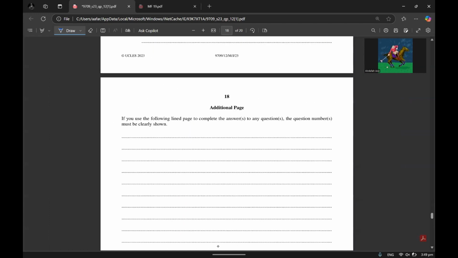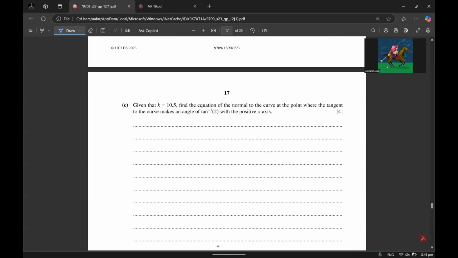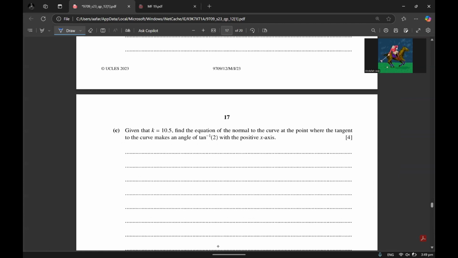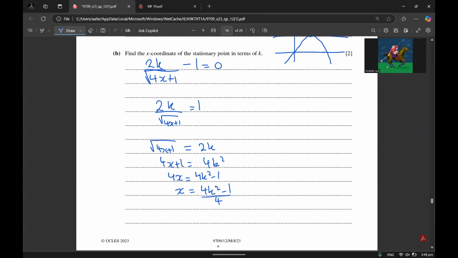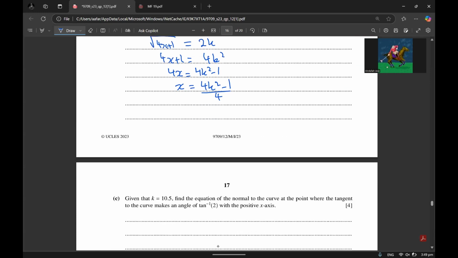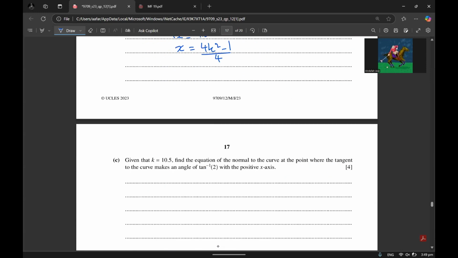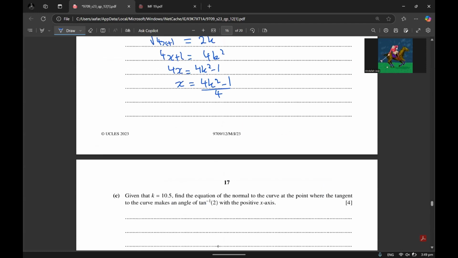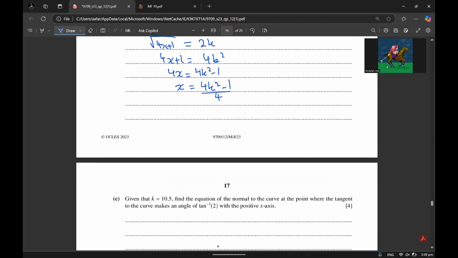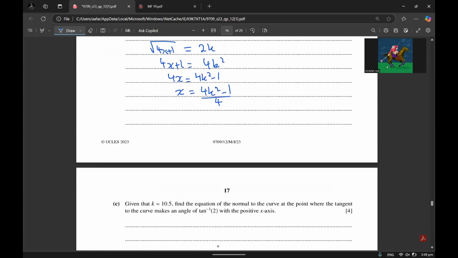Now it says that given that k is equal to 10.5, find the equation of the normal to the curve at the point where the tangent to the curve makes an angle of inverse tan 2 with the positive x-axis. Okay, so what's tan inverse 2?